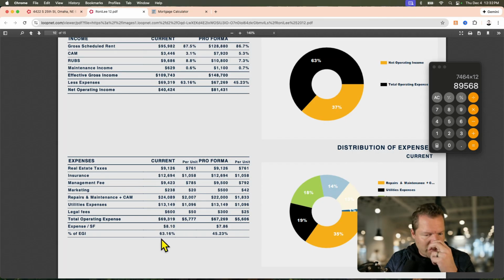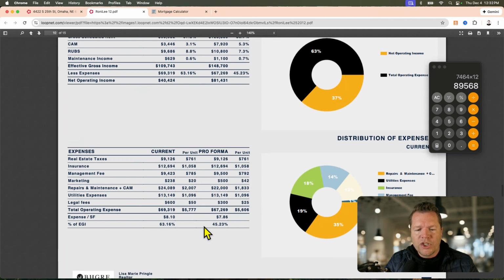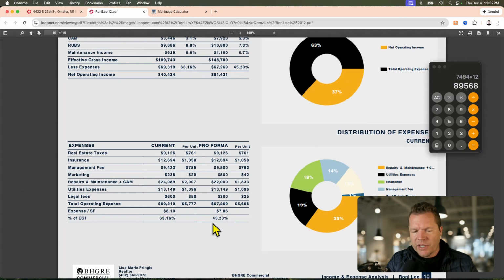So right now their expenses are 63% of the gross income that they bring in, which is really high, actually. But they're projecting that your expenses will only be 45% if you can get up to their rents full. And 45% is more standard. That's kind of what you want to aim for. So you're basically keeping more of your money because you're spending less of it on expenses. Here you're spending a much higher percentage of your gross income on just expenses.